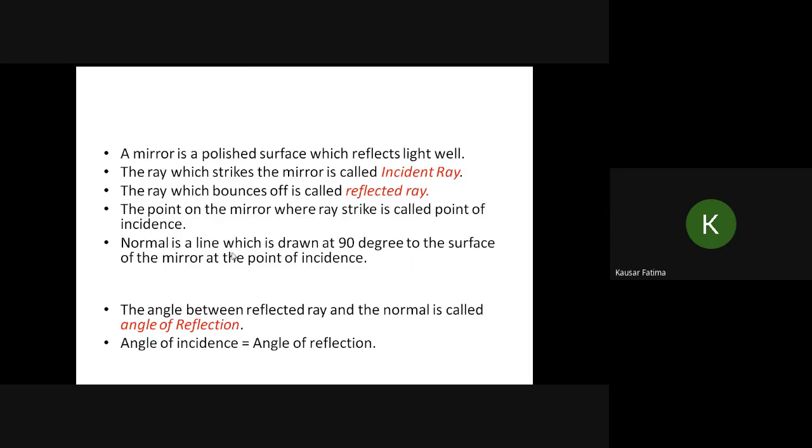Normal is a line which is drawn at 90 degrees to the surface of mirror at the point of incidence. The angle between reflected ray and the normal is called angle of reflection. And angle of incidence is equal to angle of reflection. And angle between incident ray and the normal is called angle of incidence.